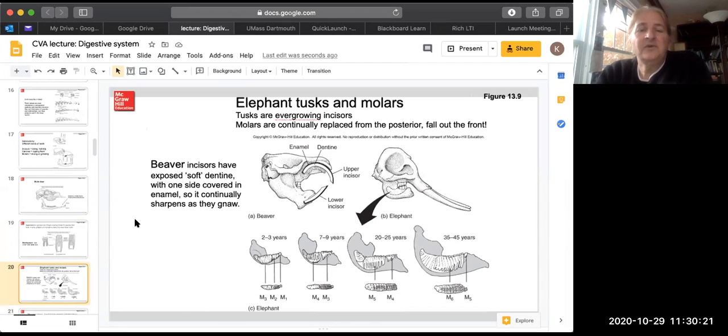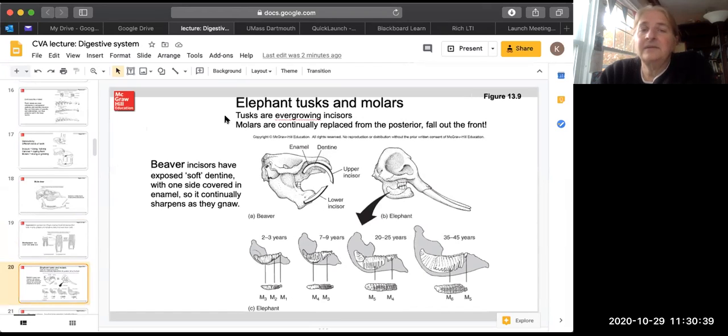Here's some varieties of teeth. Elephant tusks are ever-growing incisors. So the tusks are incisors. The molars are interesting in elephants.